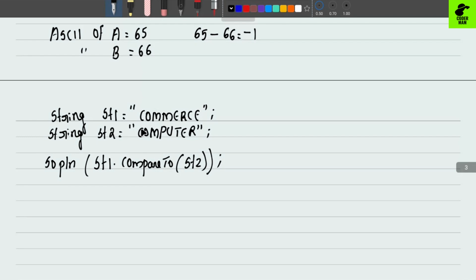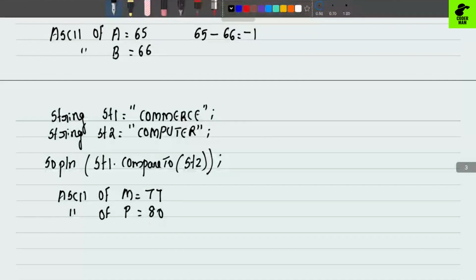Here the first characters are the same in both strings, the second is the same, the third characters are also the same, but the difference starts from the fourth character. So we have to take the ASCII code of M and the ASCII code of P. What is the ASCII of M? ASCII of M is 77. Then ASCII of P is 80.